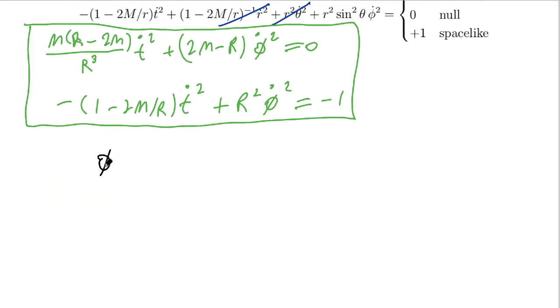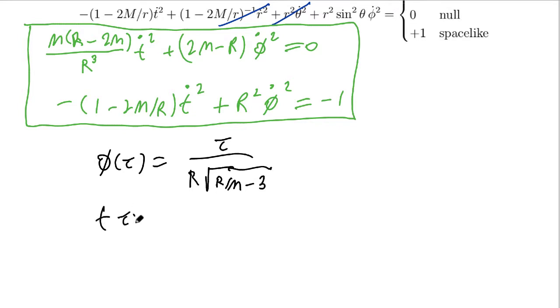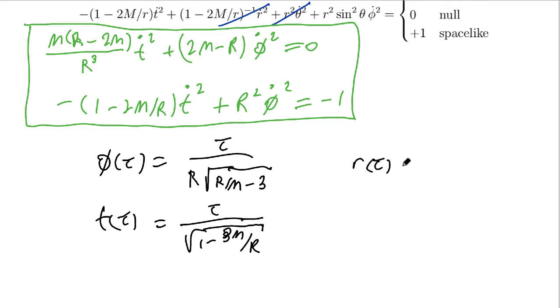you can verify that phi of tau, proper time tau, is equal to tau divided by capital R times the square root of R over m minus 3, and t of tau is equal to tau divided by the square root of 1 minus 3m over R. And of course, r of tau is just big R, and theta of tau is pi over 2.